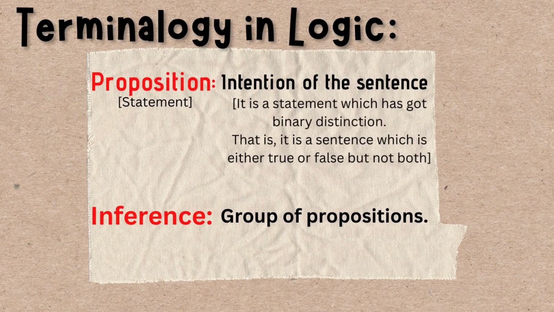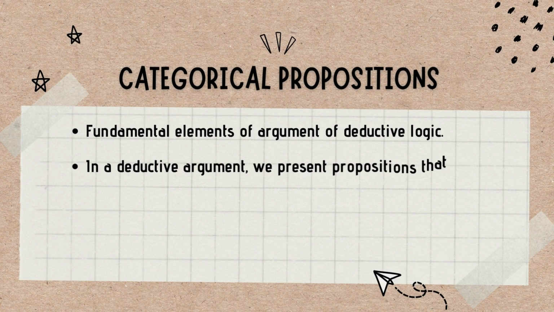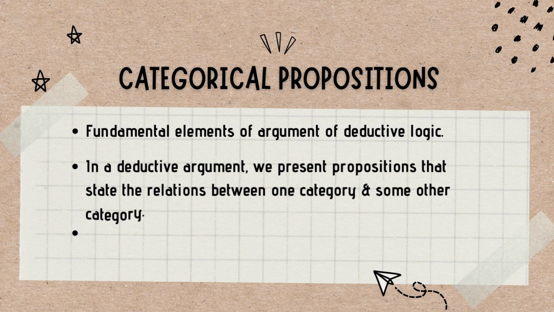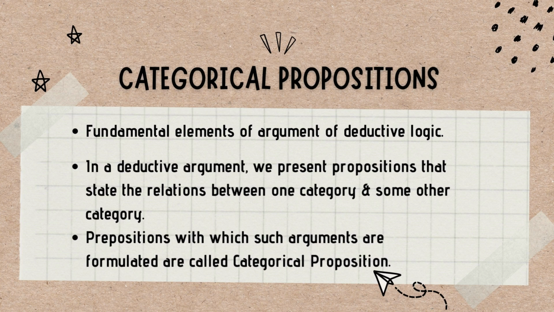But in the proposition itself, we have another term called categorical proposition. Let's see what this categorical proposition is about. These categorical propositions are the fundamental elements of arguments of deductive logic. In a deductive argument, we present propositions that state the relations between one category and another category. Propositions with which such arguments are formulated are called categorical propositions.